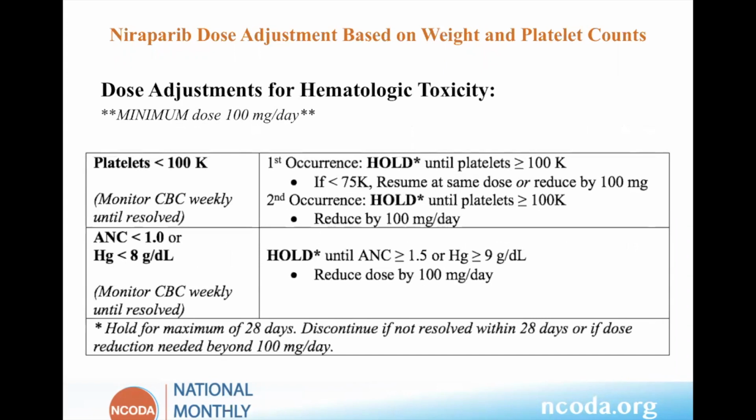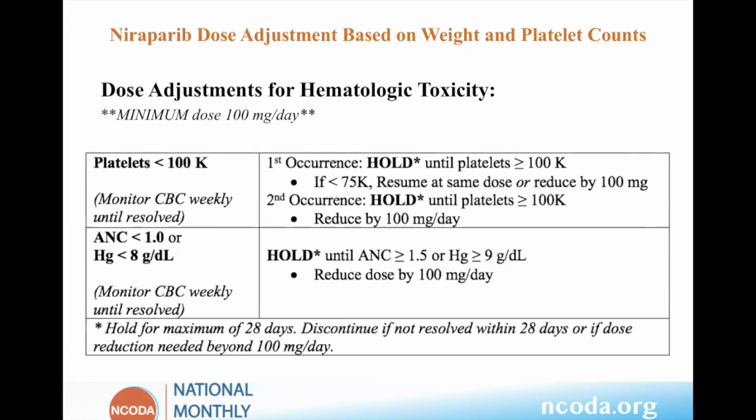This slide is useful for a quick reference for the management of hematologic toxicities. I'll go over the platelets in detail. So for example, if patients develop a platelet count of less than 100 on treatment for the first time, you will hold until the counts recover to greater than or equal to 100. If they drop to less than 75, you may consider resuming at the same dose or reducing depending on how low that nadir was, and that's just left to clinical judgment.